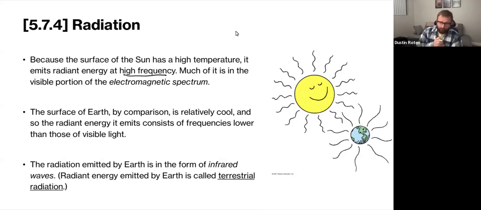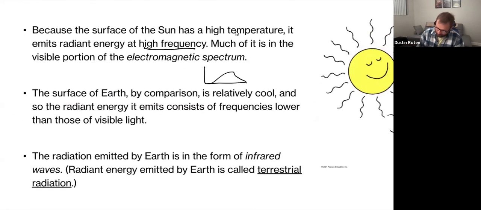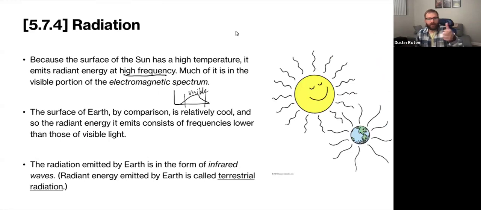If you think about the distribution of its frequency and temperature, much of what the sun emits is actually in the realm of visible light. That's why we can see, because we get so much visible light from the sun. By comparison, the surface of the Earth is relatively cool. So as it heats up, it's also going to radiate energy out.